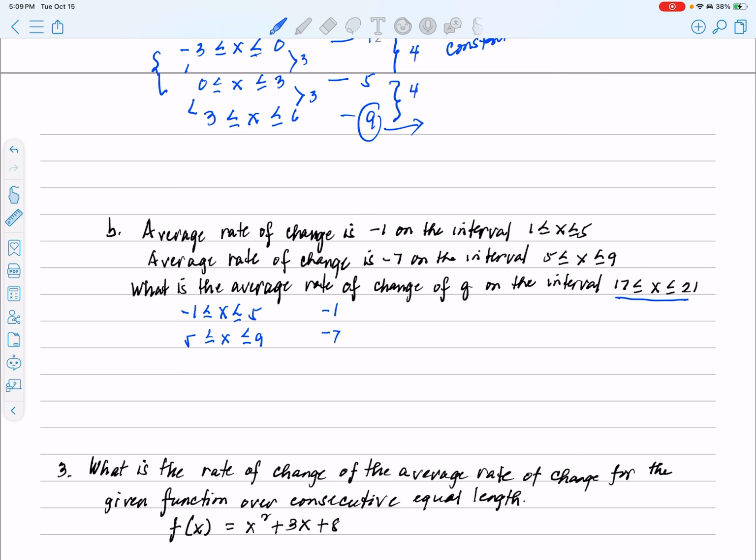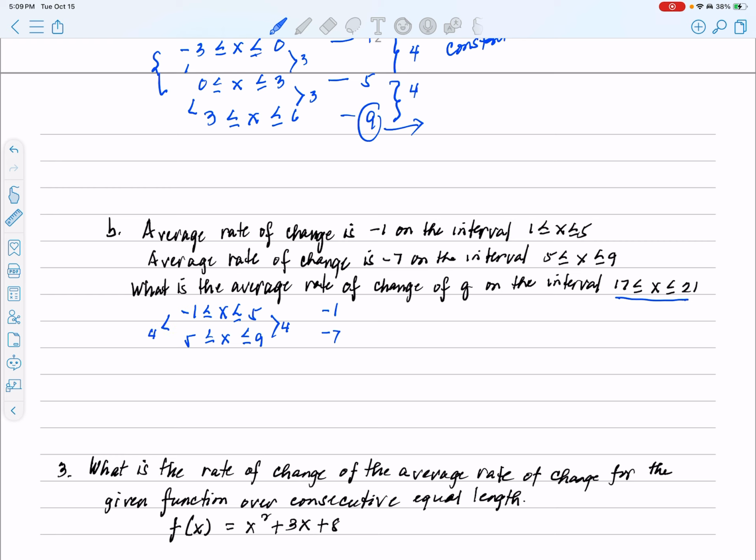Okay? So, let's look at what's the interval here. 5 to 9, that is 4, right? What's the interval here? 1 to 5, that's also 4.